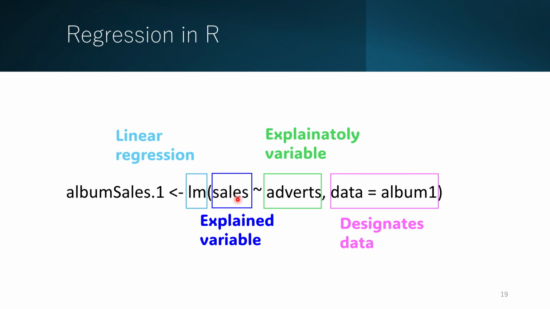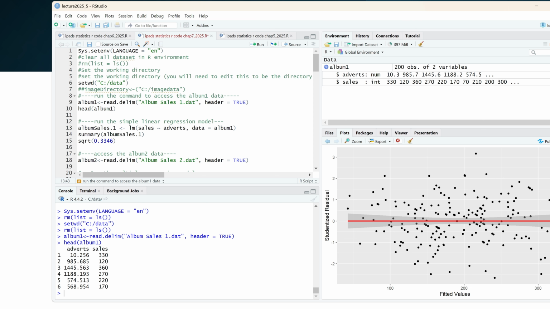This is the dependent variable. Dependent variable first, and predictor or independent variable second. Advert, green part, and we designate the dataset. Data equals album1. Designate data. Okay, we run the command.